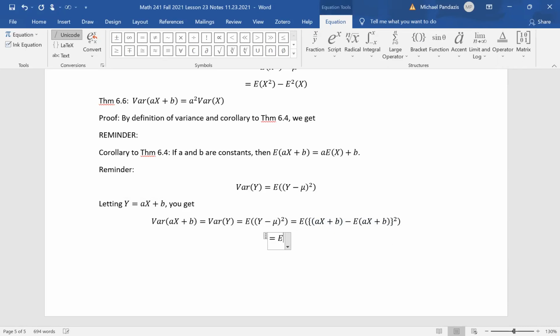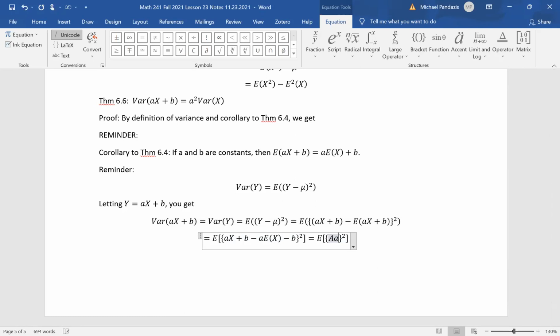So this is equal to the expected value of the square of the set, and in the set you have AX plus B, and then you have minus A E of X minus B. Doing the algebra there, in the set the plus B and minus B cancel.